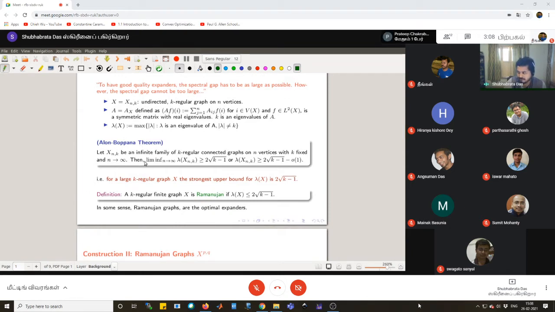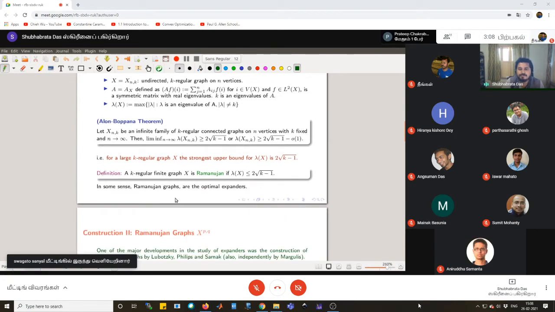I do not know, different references talk about it differently, but most references call this the spectral gap, which I assume to be the right nomenclature maybe. So I will call a graph Ramanujan if this number is bounded above by 2 times the square root of the degree minus 1. So this would be in some sense an optimal expansion in an expander.